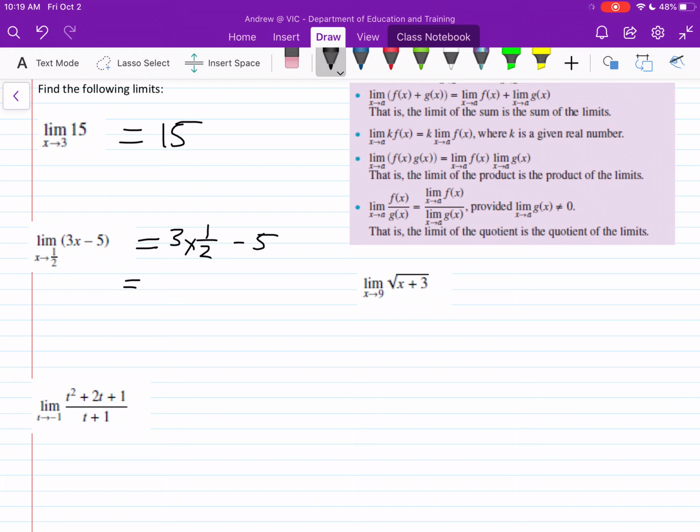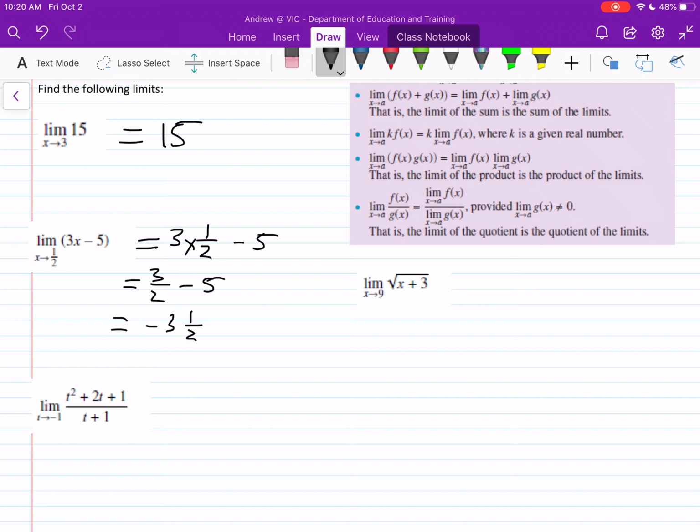This becomes 1.5, or 3/2, minus 5, and this will equal negative 3.5. So that's what the y value is as x approaches a half. It's approaching negative 3.5.